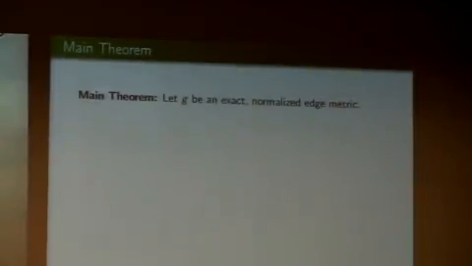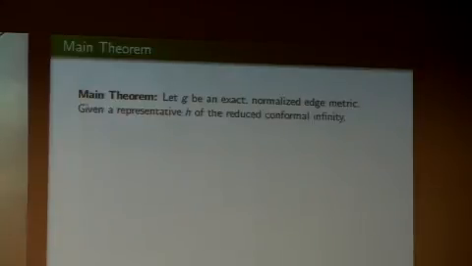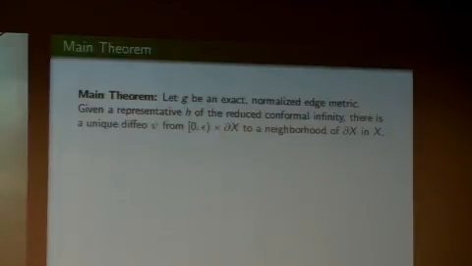Okay, so now I can state the main theorem. It's just kind of what you would expect after everything I've led up to here. Suppose you've got an exact normalized edge metric, then given a representative of the reduced conformal infinity, so you've got to take one of these special representatives that comes from a related defining function, then there's a unique diffeomorphism from this product into the neighborhood of the boundary.